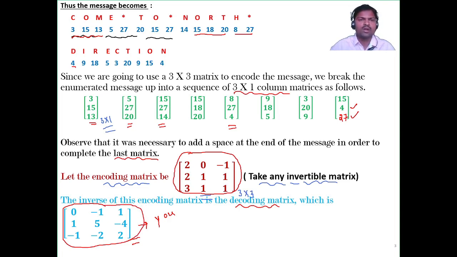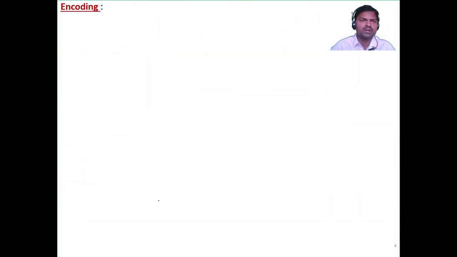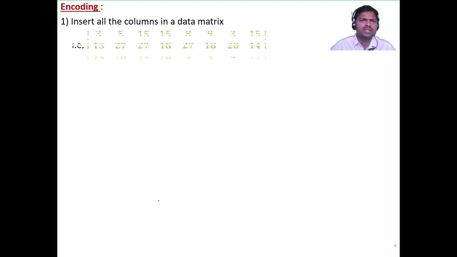Now let us come to how to encode the message, that means the message I need to send to you. First, insert all the columns in a data matrix. Just now we prepared all the 3 by 1 column matrices, which are data matrices, and you insert them in a matrix like this.